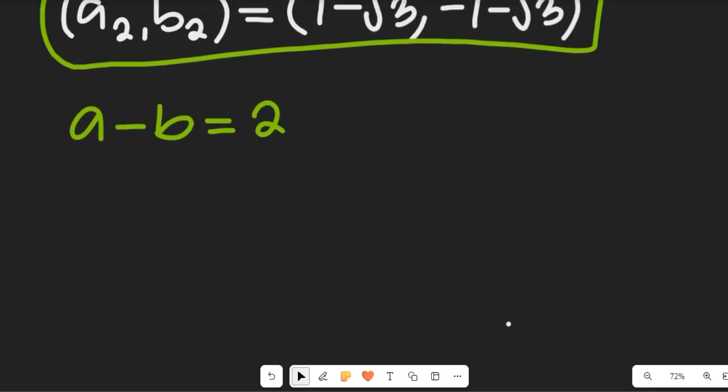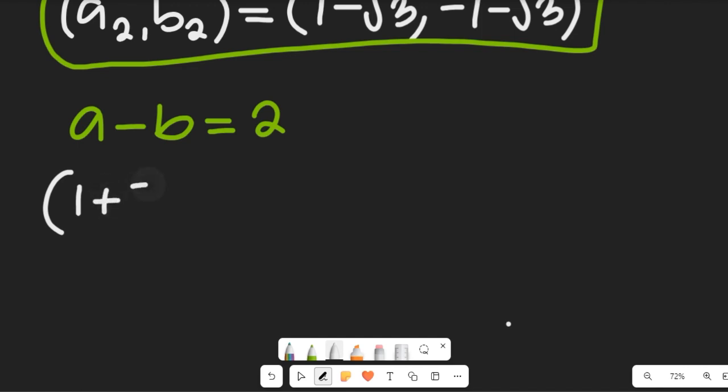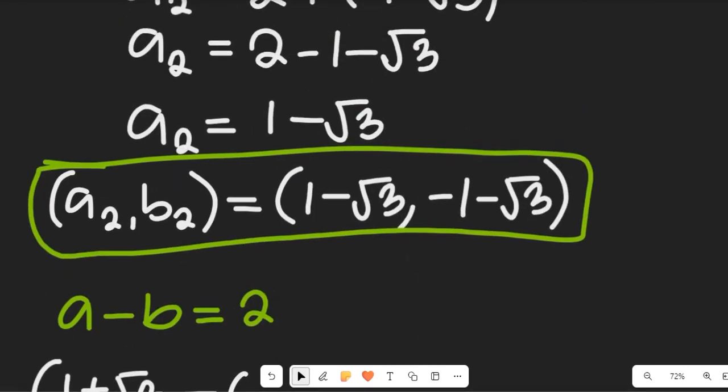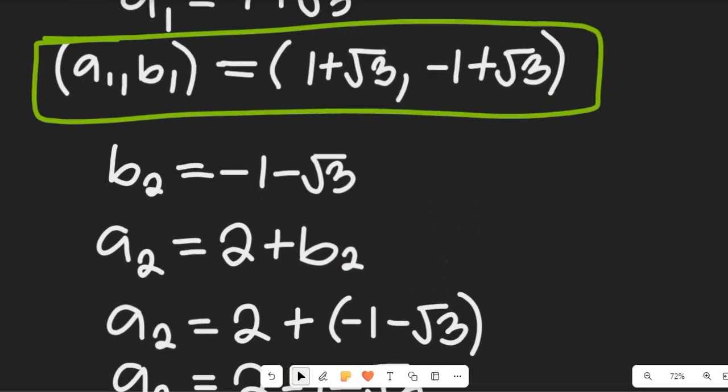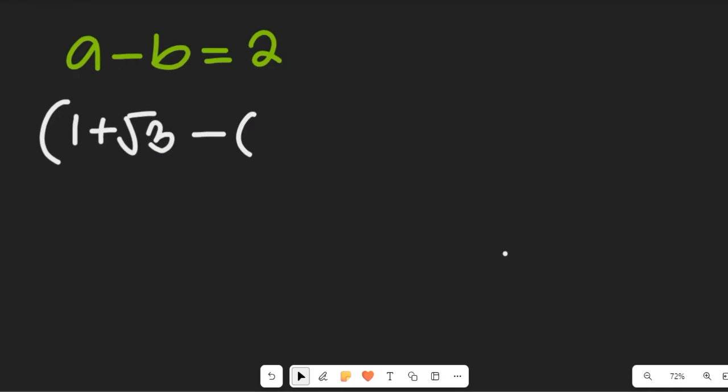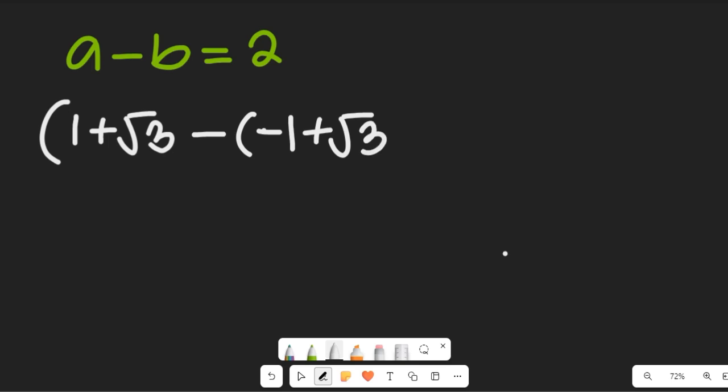So we are going to look at our a, which is 1 plus root 3, minus our b is equal to what? Minus 1 plus root 3. So we're going to have that to be minus, minus 1 plus root 3. So if we simplify this, is it going to give us 2?